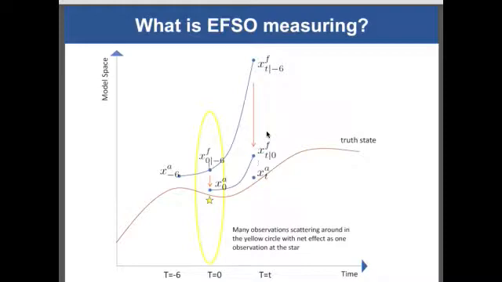So these observations down here are quantified as beneficial in EFSO, but it doesn't really care about the quality of the observation itself, because you can have a lot of outliers down here, which EFSO quantifies as very beneficial observations.